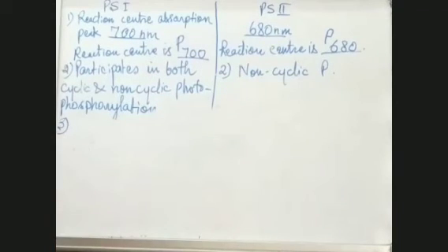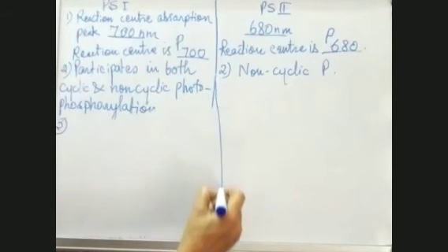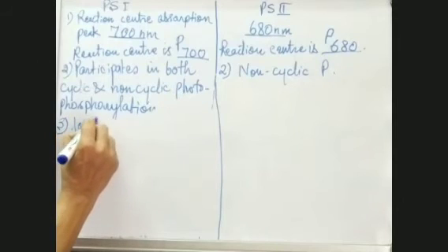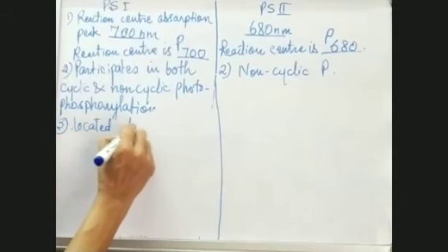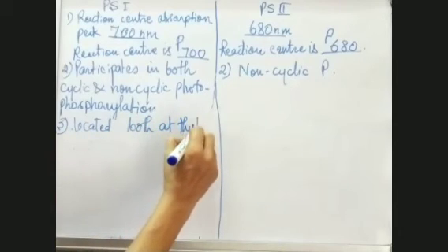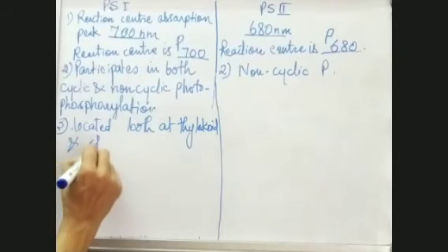So the third point of difference between PS2 and PS1 is: located both at thylakoid and stroma lamella.